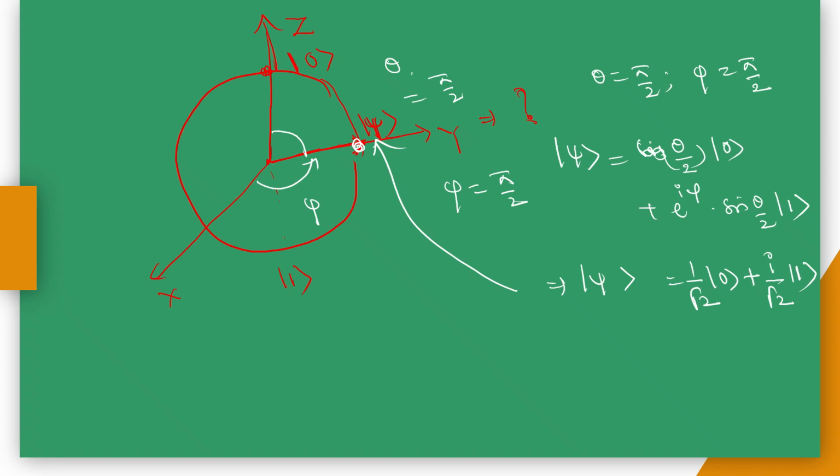Similarly, we can represent any position on the Bloch sphere by taking the general qubit state psi equals cos theta by 2 state 0 plus e power i phi sin theta by 2 state 1. Here we need to take care about the measurement angles theta and phi. This is the representation of the qubit states on the Bloch sphere.